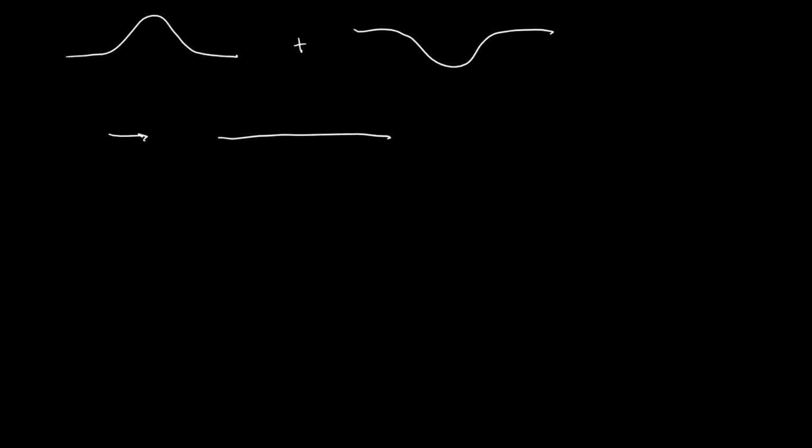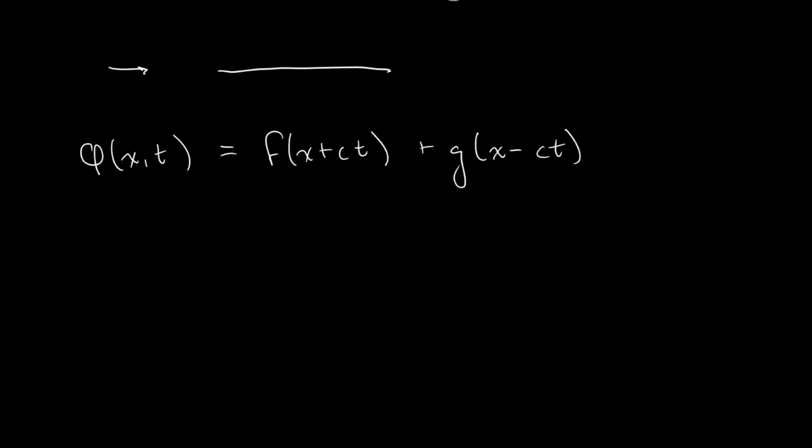Okay, as an example of this, remember we can write our wave equation as f of x plus ct plus g of x minus ct. Let's make the left-moving piece and the right-moving piece equal to the same thing, and just make it a Gaussian wave for simplicity, e to the minus a x squared.